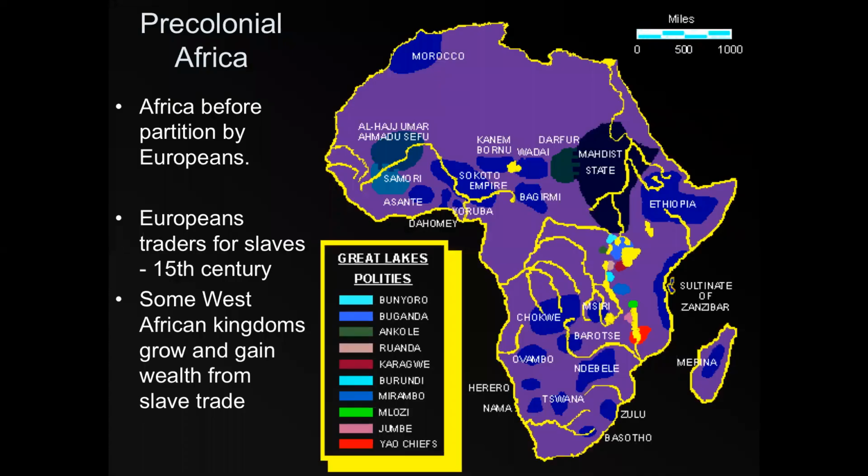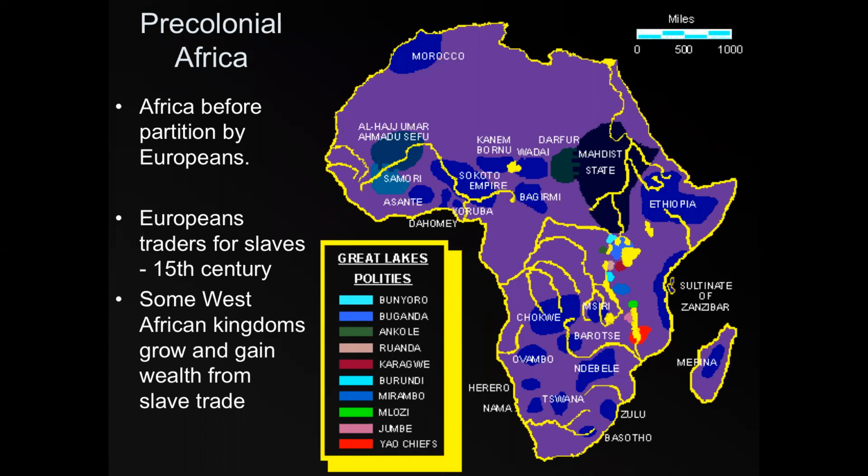So this is pre-colonial Africa, before partition by Europeans, but after the slave trade started to ramp up a bit. Some kingdoms and empires in West and Central Africa were very early in the slave trade able to grow a bit.